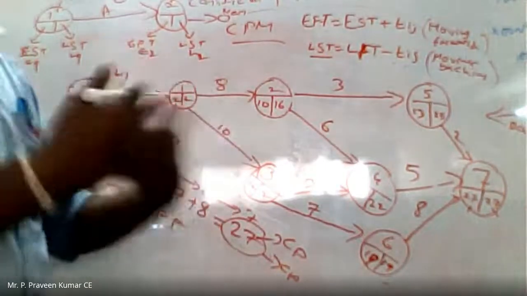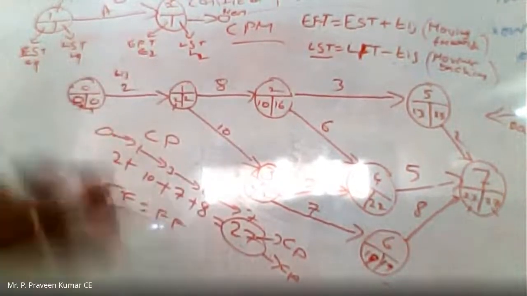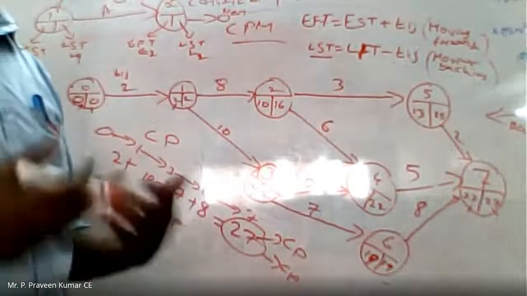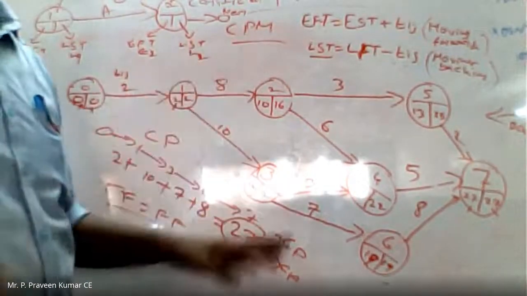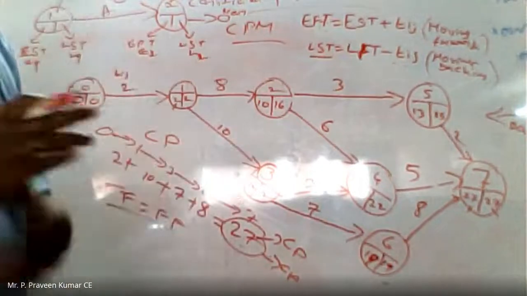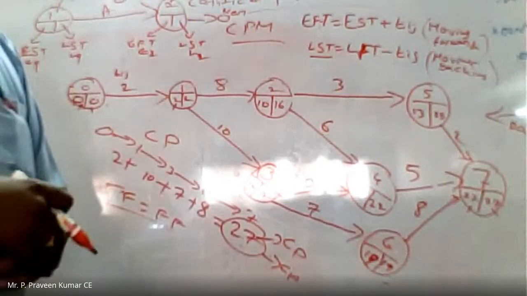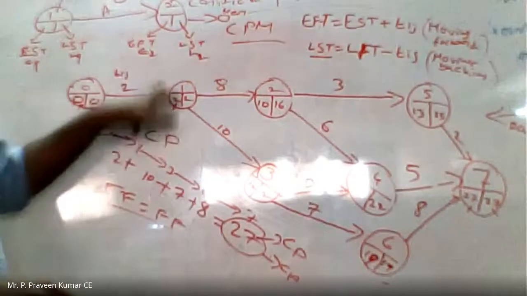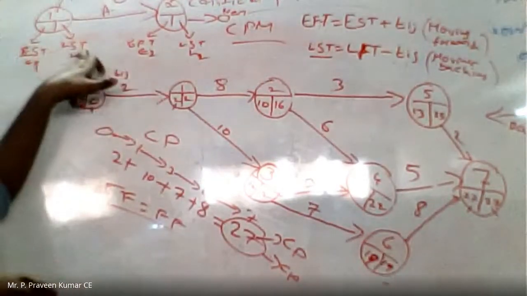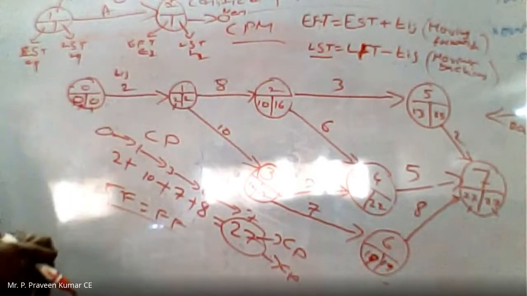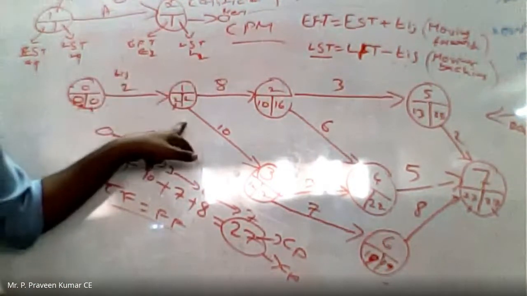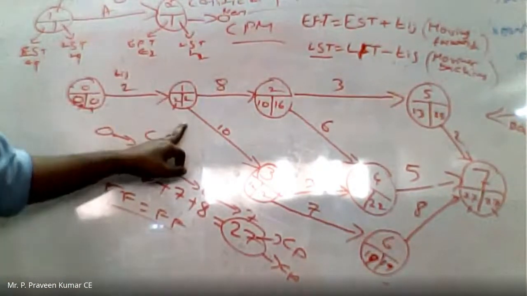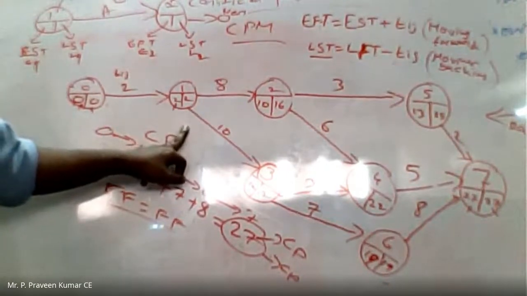If you practice 2 to 3 times, there will not be any confusion. If you just listen and then leave it, you will get confused at the time of the examination, because there will be confusion between EST and LST, EFT and LST. If you understand this concept, then it is very easy to identify what is EST and what is LST.